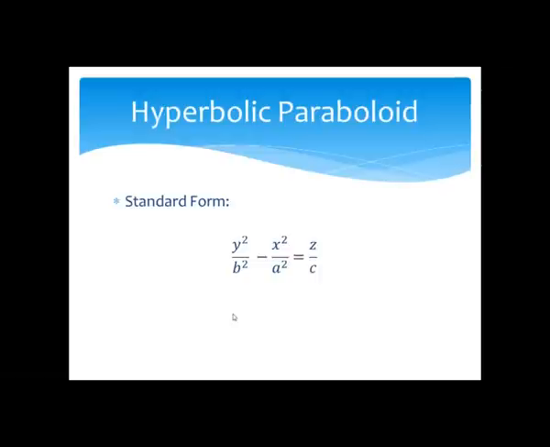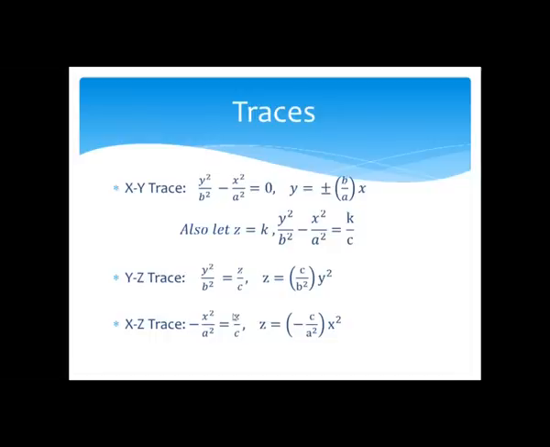Lastly, let's look at the hyperbolic paraboloid. The standard form of the hyperbolic paraboloid is given by the equation y squared over b squared minus x squared over a squared equals z over c. To sketch the graph, we need to find the traces once again.